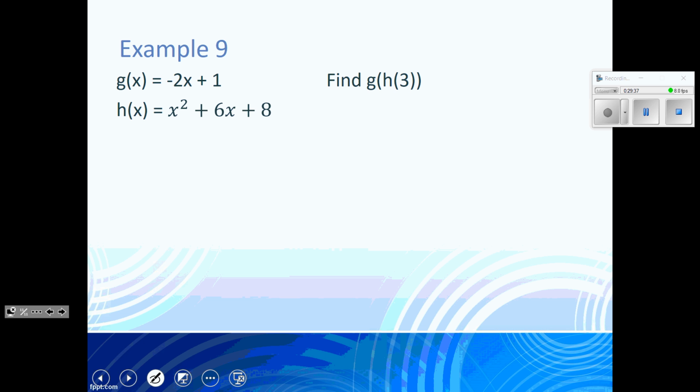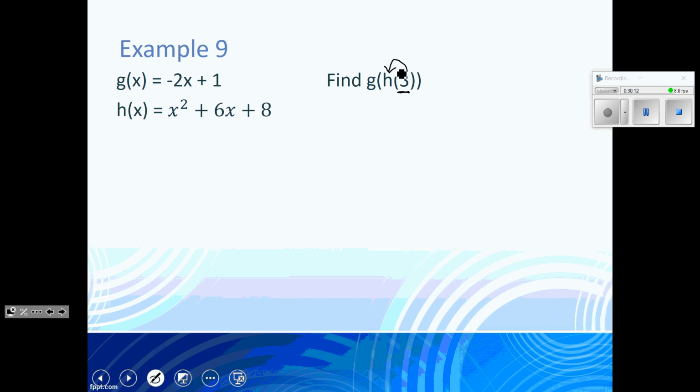Okay? So last one, you try this one. I want you to find g of h of 3. g of h of 3. Where are you going to start, Frankie? And we're going to plug it into which one? Well, what does it say? h of what?